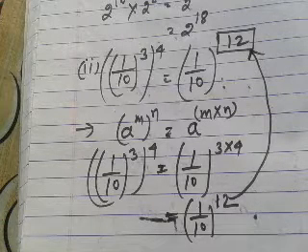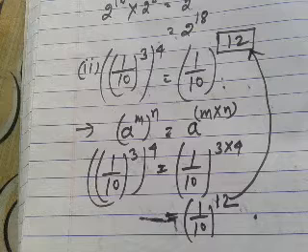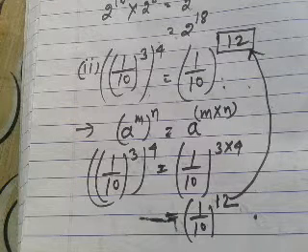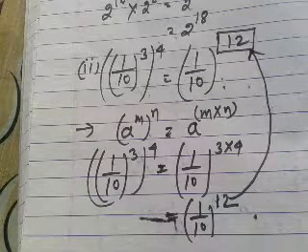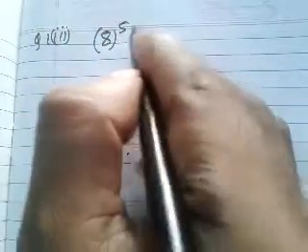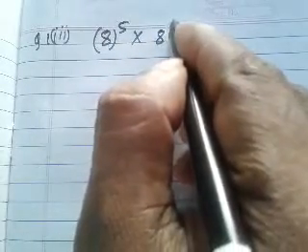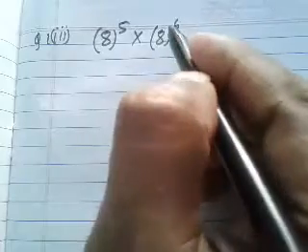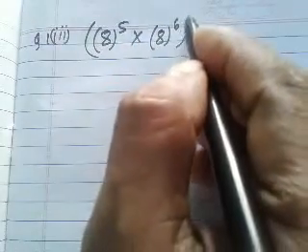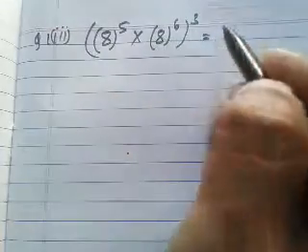Now see question number 1, third part. 8 raised to the power 5 is multiplied with 8 raised to the power 6, and this whole raised to the power 3.